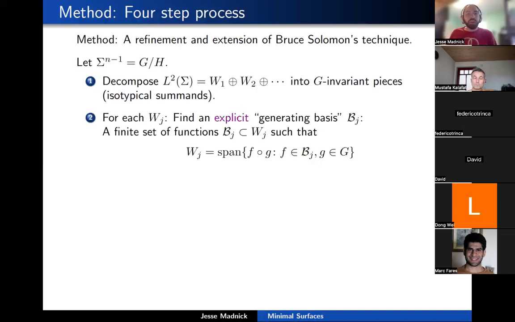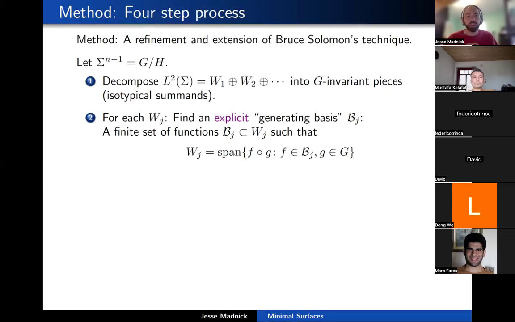Then the second thing you have to do is for each of these WJs, you need to find an explicit, what we're going to call a generating basis. A generating basis is not literally a basis for WJ. It's going to be a basis of a very small subspace of WJ. But despite being a basis of such a small subspace of WJ, because of the G invariance, that ends up being sufficient when you're calculating the spectrum of the Laplacian.